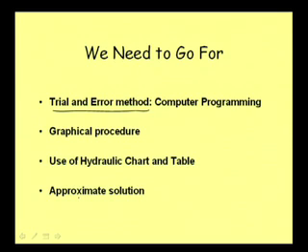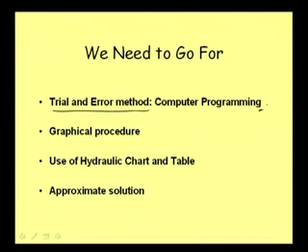It is quite tedious, so a very simple computer program can be used for that purpose. In the program you change yn, and when your calculated value of Q discharge becomes equal to your actual value of Q, or has a very minor difference, because getting exactly equal value is not possible, then you stop the iteration.